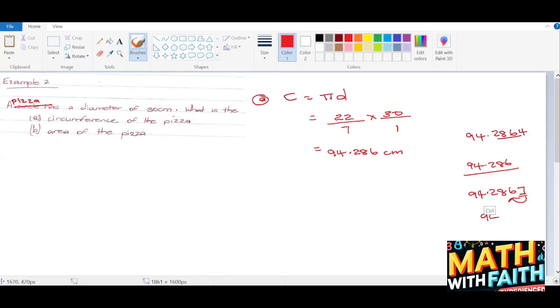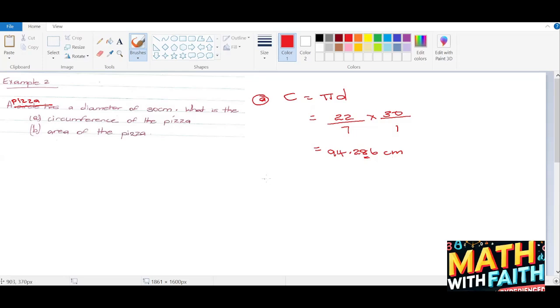So just remember, when you're rounding off in your calculator, once you say, okay, I'm going to 3 decimal places or 2 decimal places, as the case may be. In this case, 2 decimal places will be 94.29 centimeters, not 94.28. You just don't take the numbers like that; make sure to round off properly, right? Look at the number after. That's just an aside. So the circumference is 94.286, and it's just a distance around, and distance is measured in centimeters.